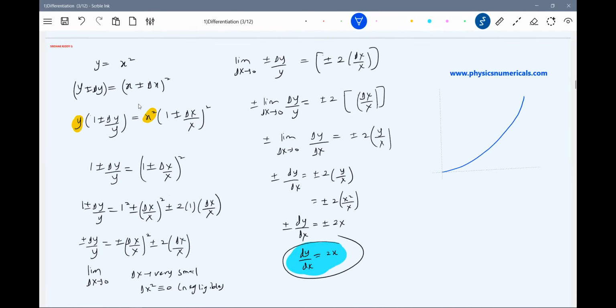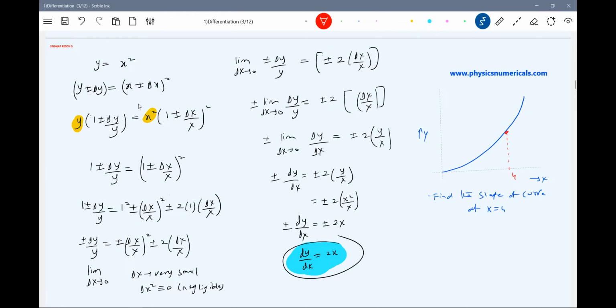We'll ask ourselves the question once again: find the slope of the curve at x equal to 4. So corresponding to x equal to 4, I will locate a point.